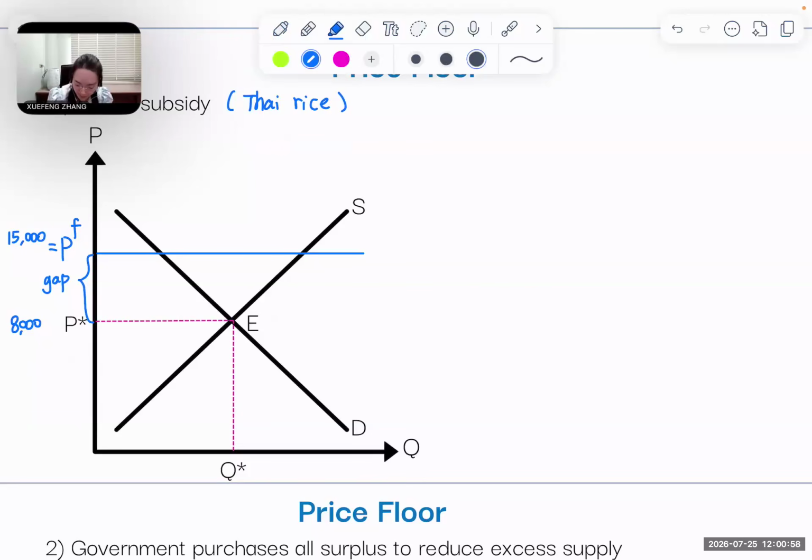Let me shade those areas. Okay, here the gap between the price floor set by the government and the market price, the government pays the gap to the farmer.